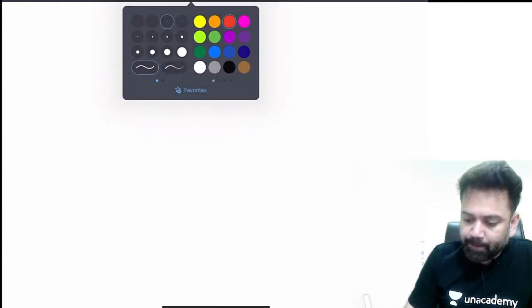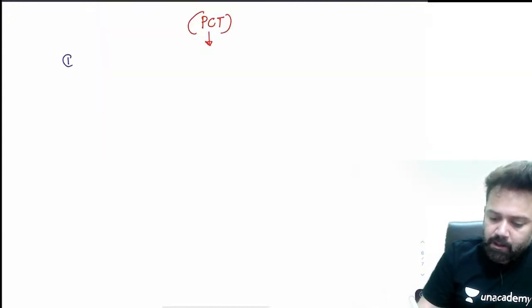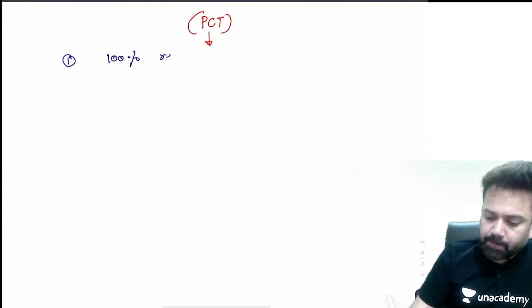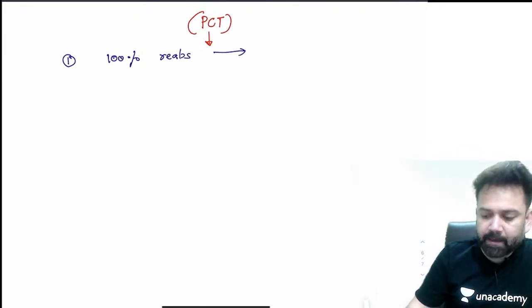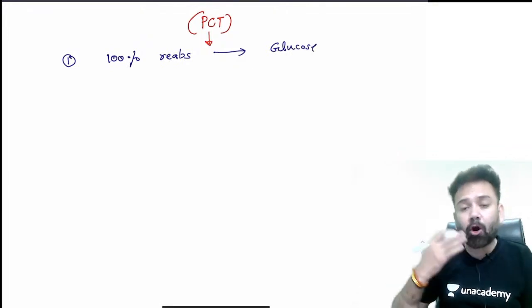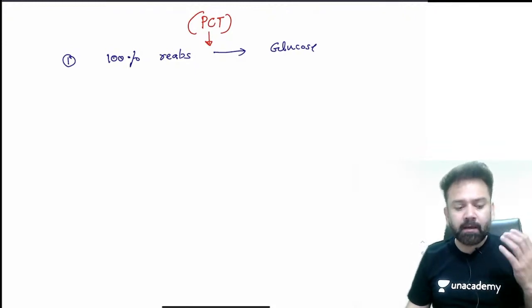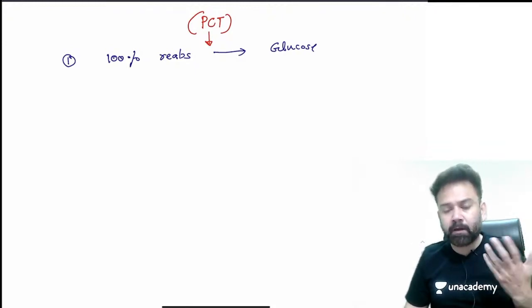So PCT, point number 1. It's very sequential, very conceptual. 100% reabsorption of what happens in the PCT. Number 1, glucose. Glucose never passes beyond the PCT because it is 100% absorbed by SGLT1 and 2 and blood, I will discuss all those things.